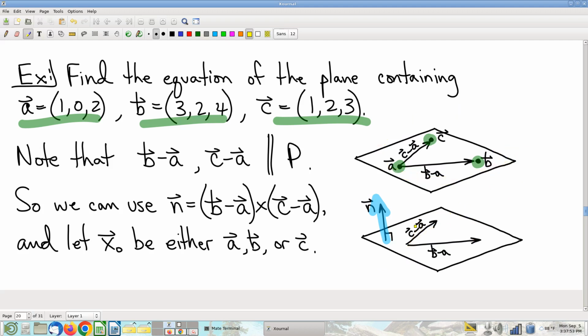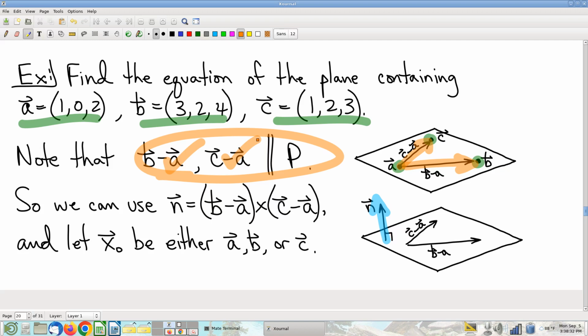So thinking it through, now there's various different tricks, tools that we have in our toolbox. Notice that I can pairwise subtract points that are in the plane, and that gives me vectors parallel to the plane. Not what I'm looking for, right? I'm looking for a vector perpendicular to the plane. But I've now got vectors parallel to the plane. The plane is parallel to these vectors, so I'm looking for a vector that's effectively perpendicular to these 2 vectors.